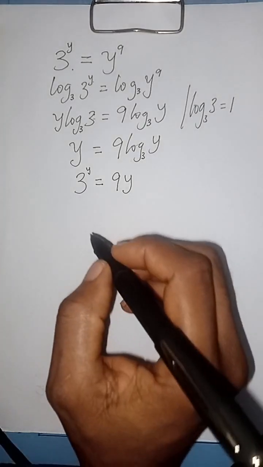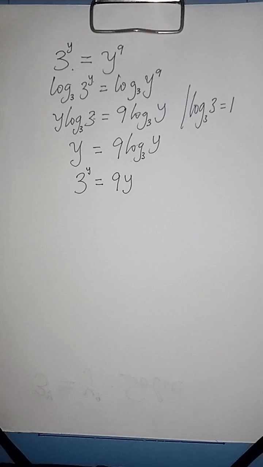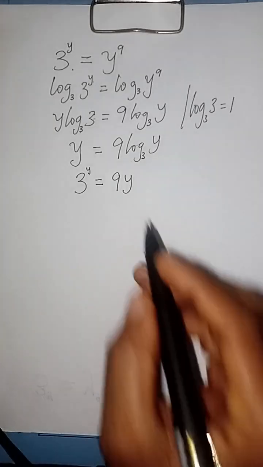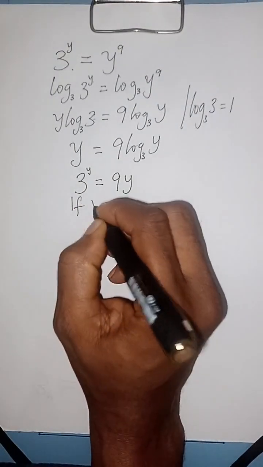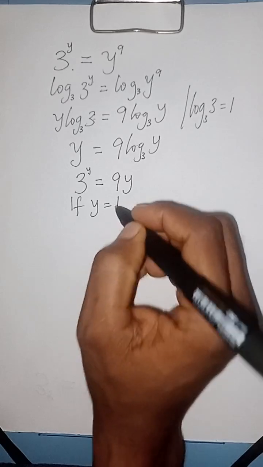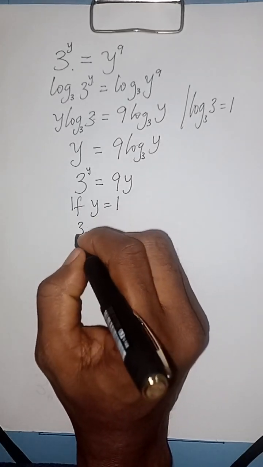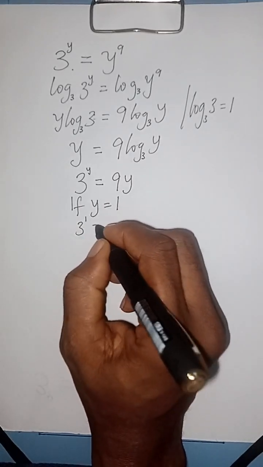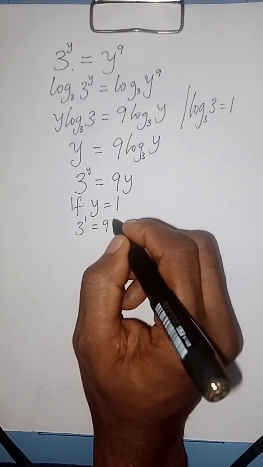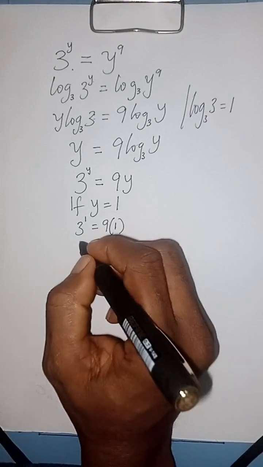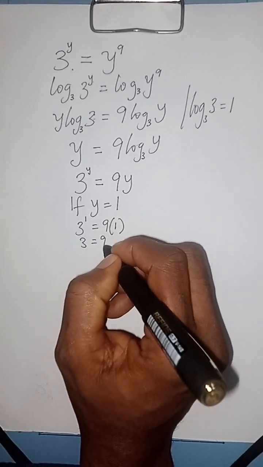So we can use, is it the trial and error method or substitution method? If y is equal to 1, then this will be 3 raised to power 1 equal to 9 multiply 1, which will give you 3 equal to 9.